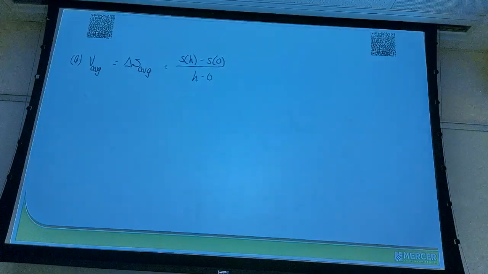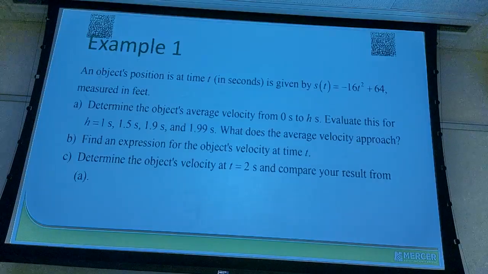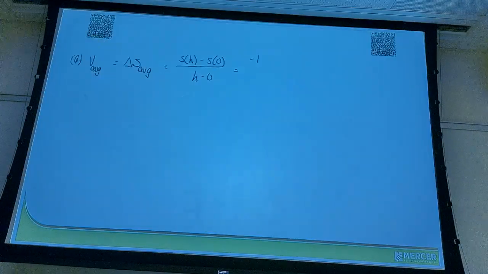What we're doing is finding the difference quotient of position. What did we say S was? Negative 16t squared plus 64. And then at 0, just 64. So we get negative 16h.